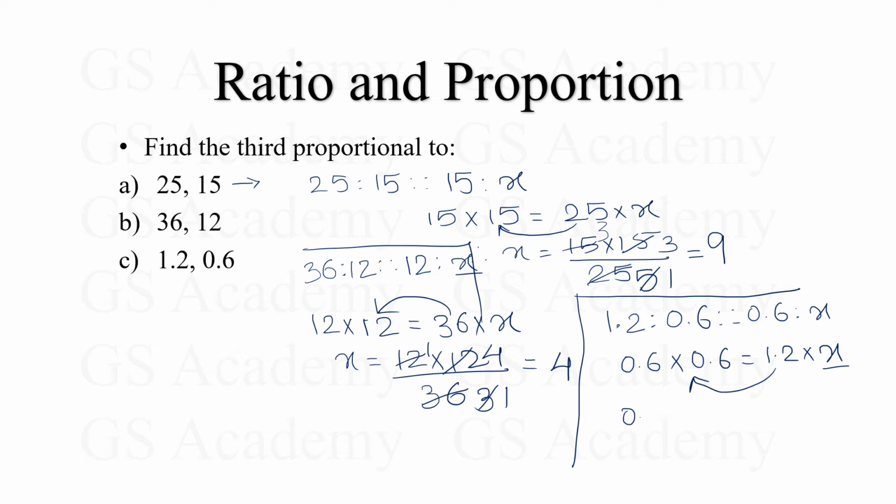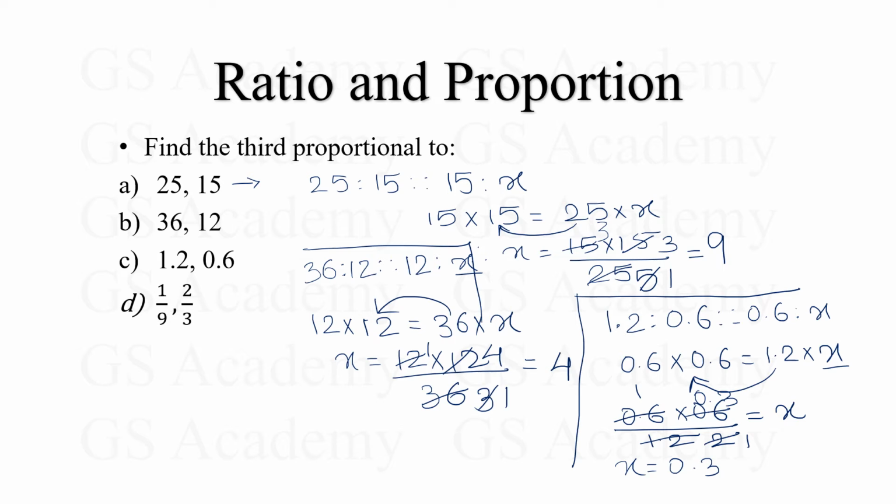So this will be 0.6 into 0.6 upon 1.2 is equal to x. So 0.6 ones are 0.6 and 2s are 1.2. This will be 2 ones are 2 and 2 0.3s are 0.6. So the value for third proportional for the third question will be 0.3.